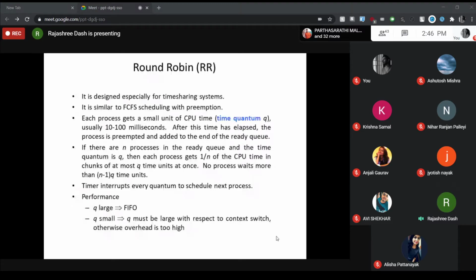Otherwise, if the CPU burst of the currently running process is longer than one time quantum, then the timer will go off and cause an interrupt to the operating system. The context switch will be executed and the process will be put at the tail of the ready queue. And the scheduler simply selects the next process from the ready queue for execution.